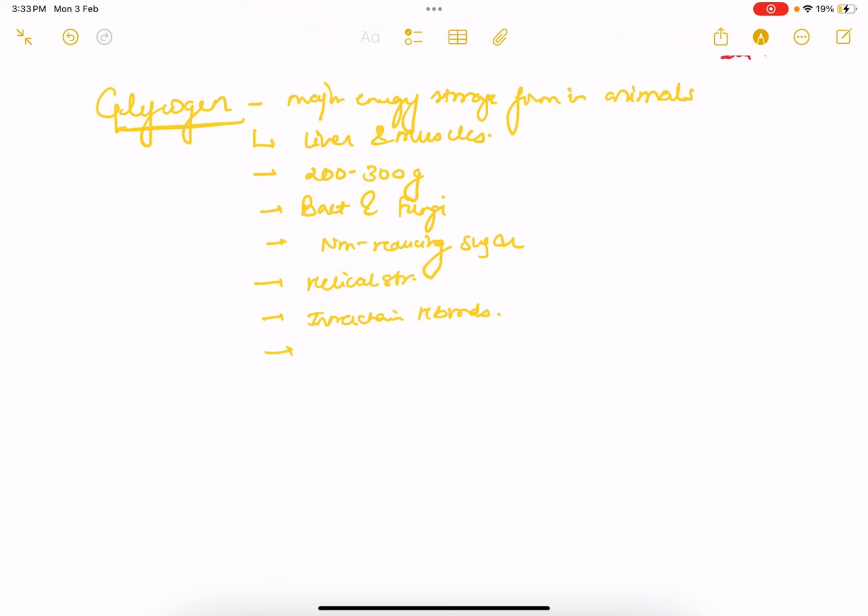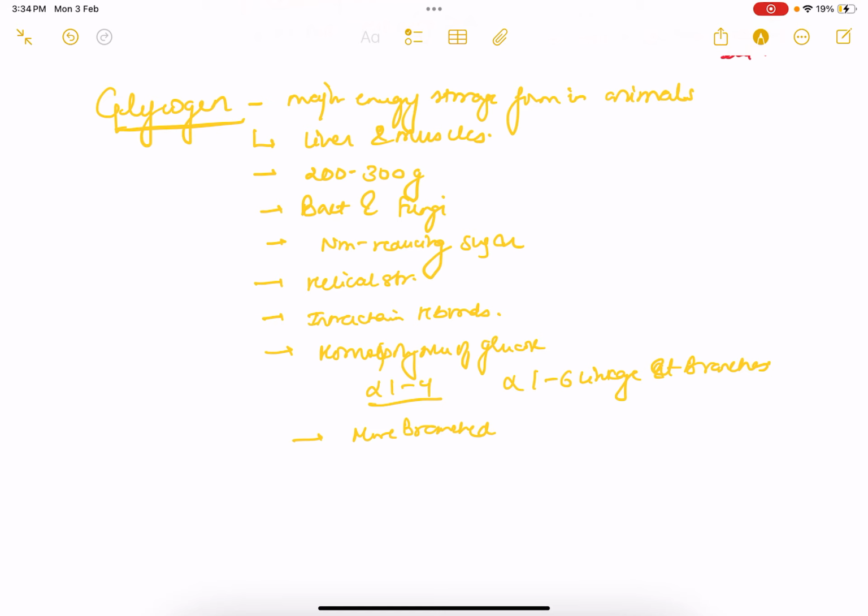It is also a homopolymer of glucose with the same linkages, that means alpha 1,4 linkage in the straight chain and alpha 1,6 linkage at branches, and it is more branched than starch.